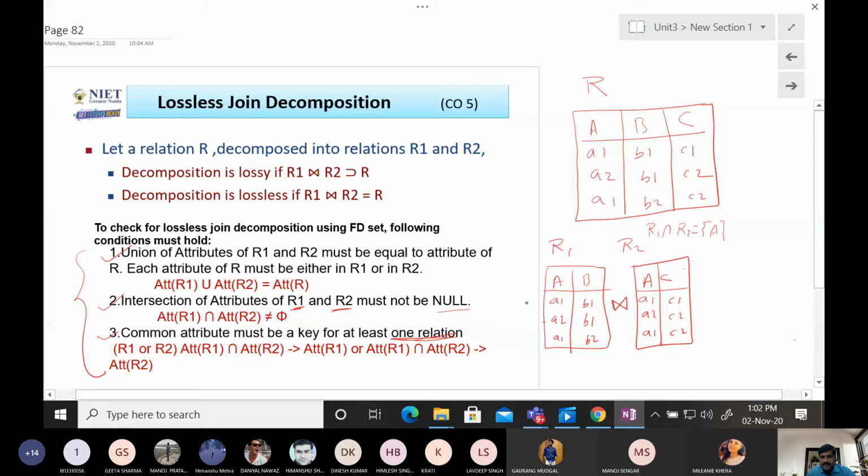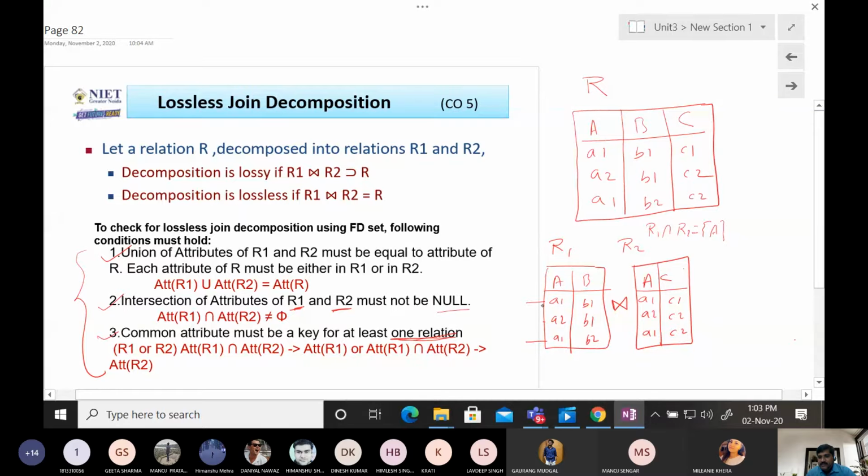See here, for these two tuples, if they agree on their A values, they must agree on their B value. But here A1 determines B1 and A1 determines B2 also. Then we can't find whether A1 determines B1 or B2.